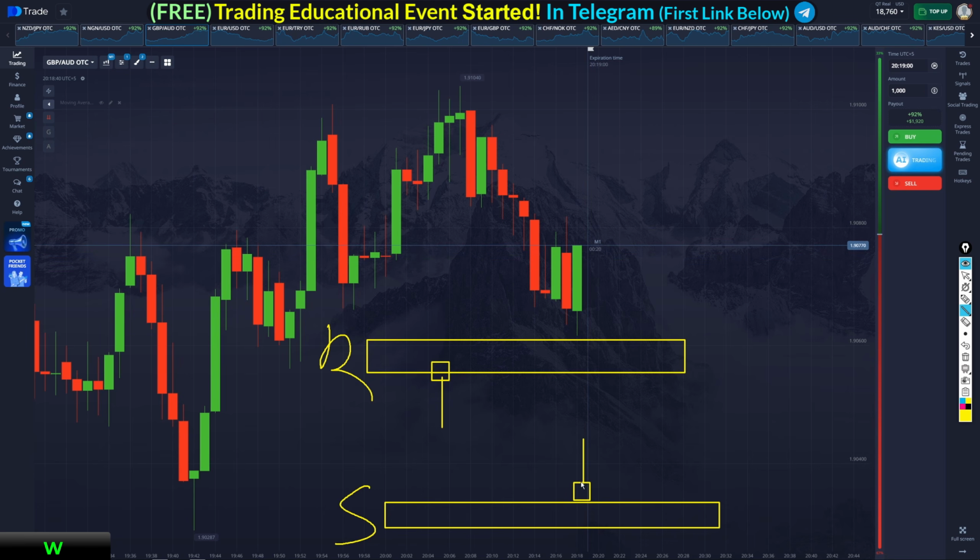It means that the buyers pushed enough, and they created this rejection, and in the last seconds the sellers pushed it down. If the hammer also didn't create a lower low, it's an even better sign for reversal.